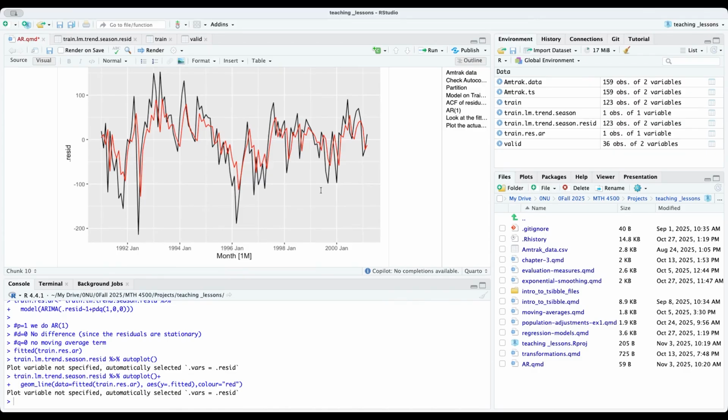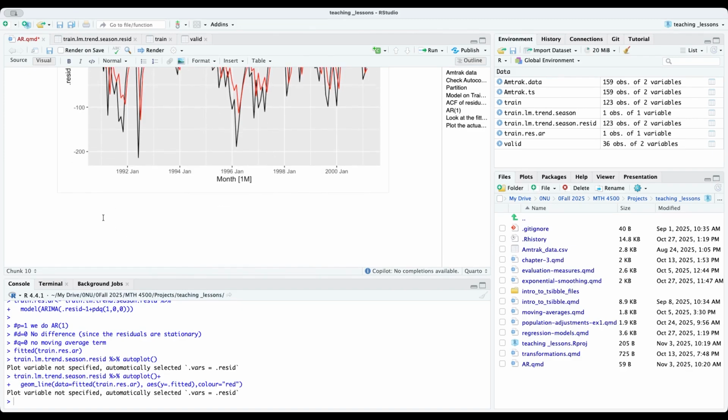So now we are going to look at the new residuals after fitting the AR model, which is the residuals of the residuals. So let's look at the new residuals after fitting the AR1.